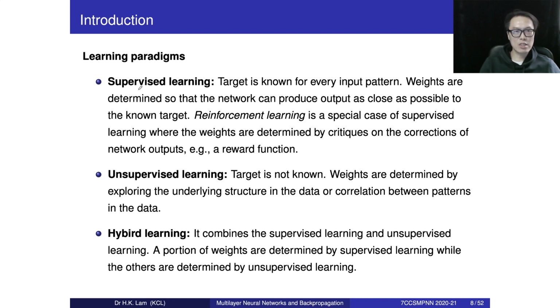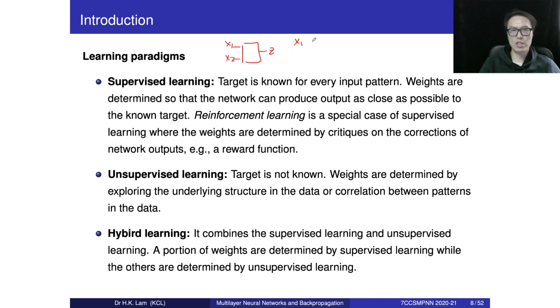The first one is supervised learning. That means if we are going to have a neural network with two inputs, x1, x2, and one output, then to learn the connection weight W we need to prepare some data.